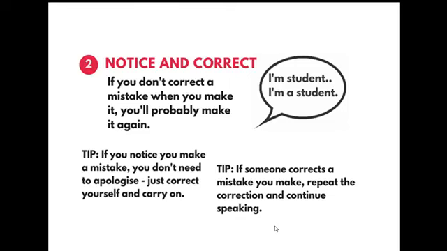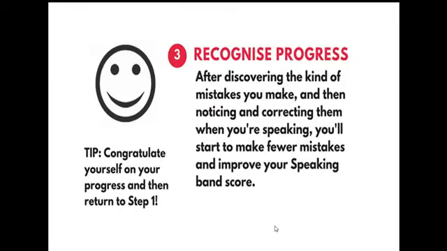Okay? Coming to the third thing now, which is also one of the most important tips over here. That is, recognize the progress. Recognizing your progress really helps you to know where you stand. Okay?